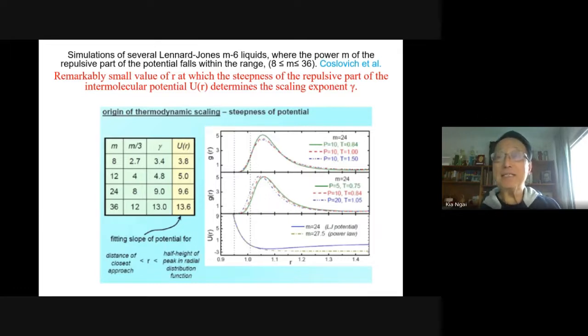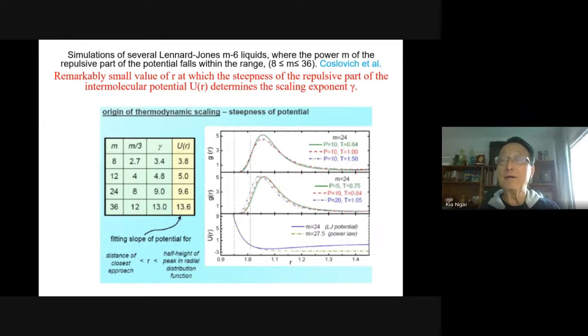And the g of r, you can see that at the position where the slope is, that's M equal to 27.5, it already becomes 0. That means this is so short a distance that it is determining the power. This is very important for us to know, because what it means is that it has nothing to do with the alpha relaxation.